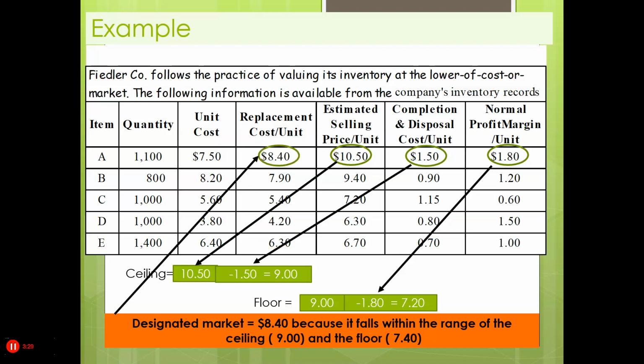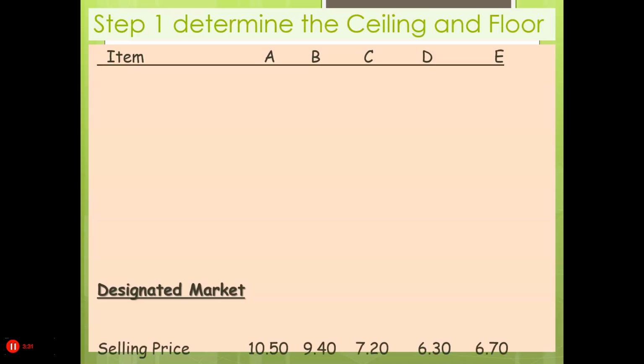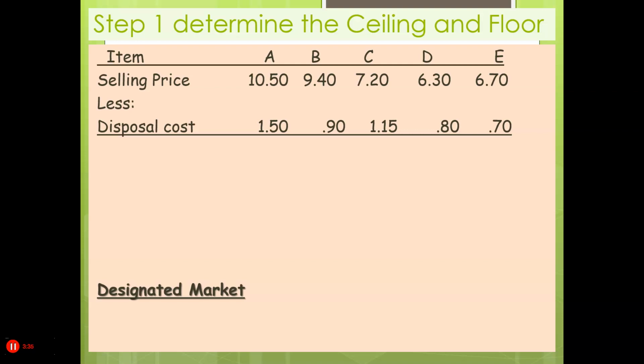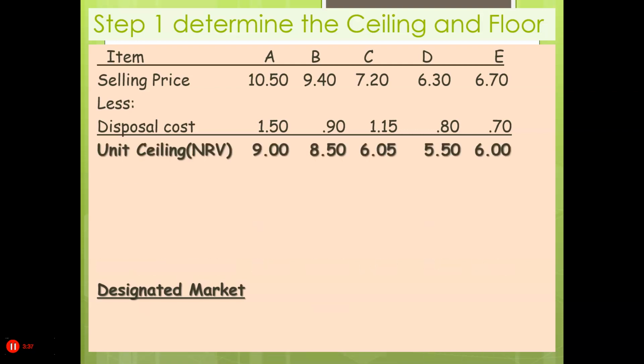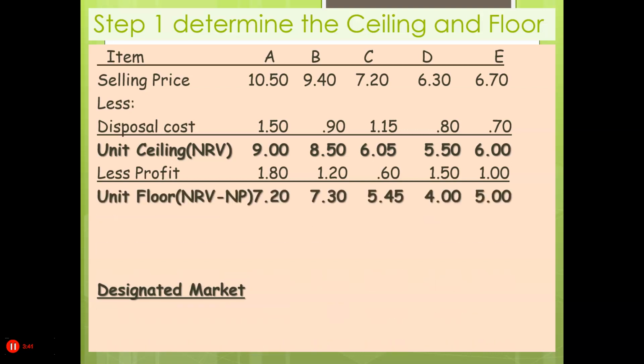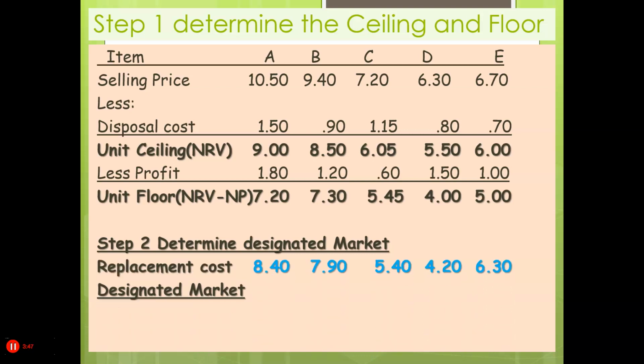So now let's look at all the items. We start with the selling price, we reduce it by the disposal costs, and that gives us our ceiling. We then take away the profit, and that gives us our floor. Now we're going to determine the designated market. We're going to look at the replacement cost and see, does it fall within the range?